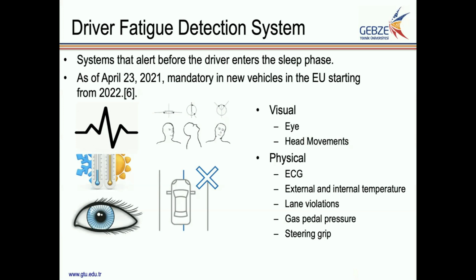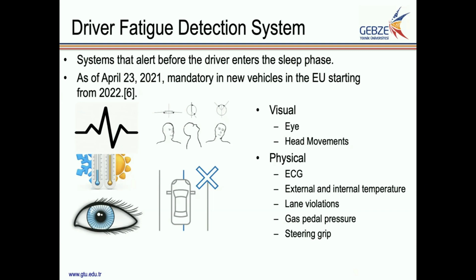Some also take measurements from gas pedal pressure, because during driving it may change. And also how you handle the steering may change if you are drowsy. So there are many ways to get information from the driver during driving.